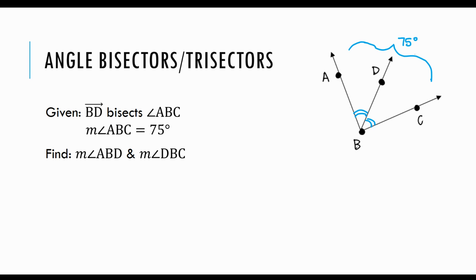Two things we want to find. We want to find the measure of the angle ABD as well as the angle DBC. But notice that those two are technically the exact same angle. They're both congruent to each other. So once we find one, we have then essentially found both.